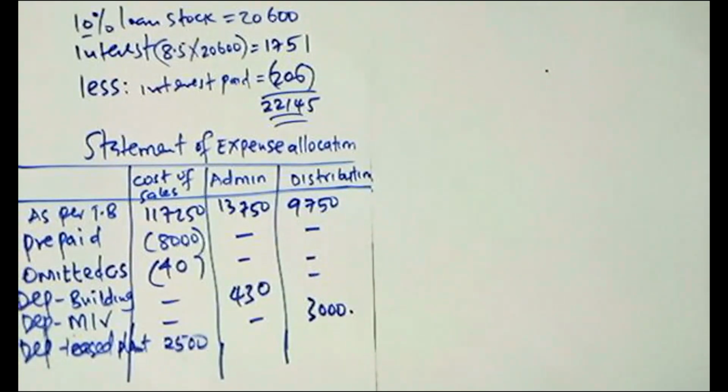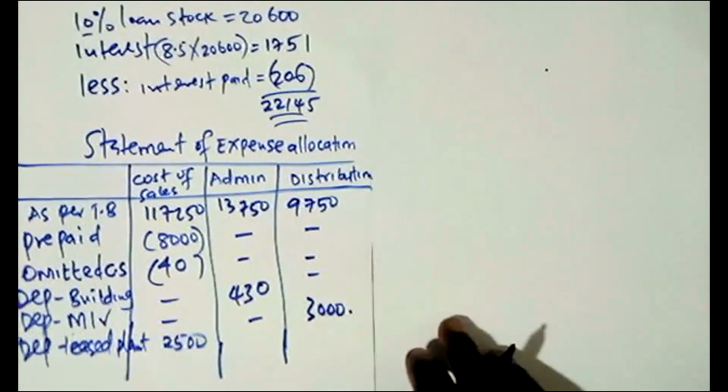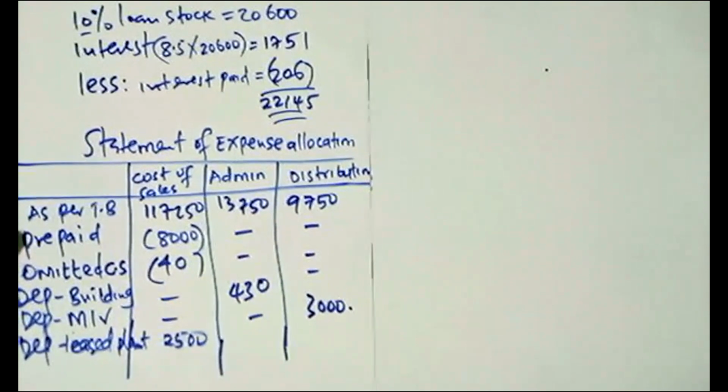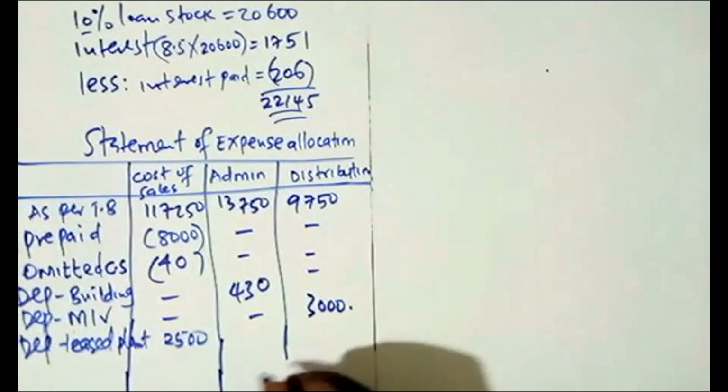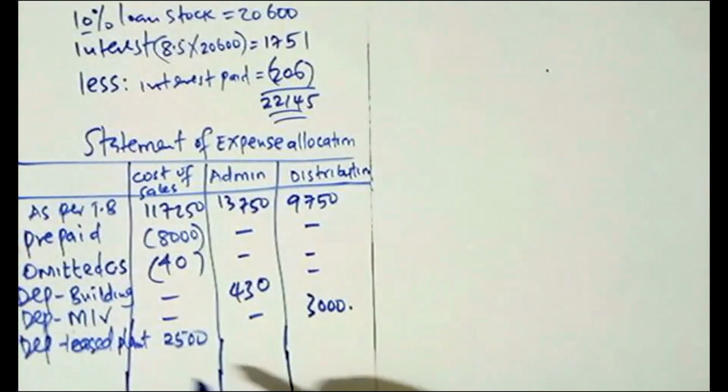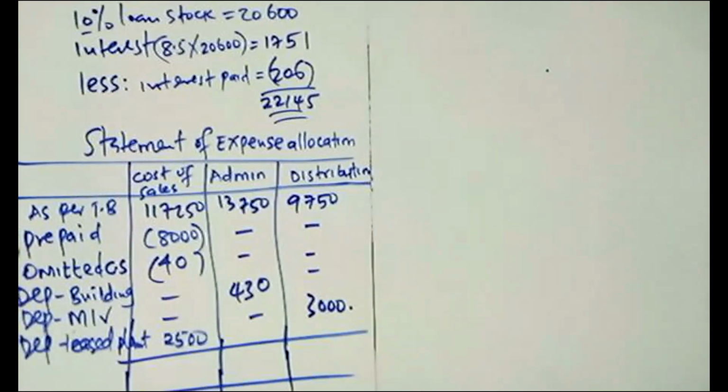When you are not told how to classify depreciation, mostly you classify it under cost of sales. If you are told to classify under admin, you do that. But even if you classify under admin, you cannot be penalized on that.